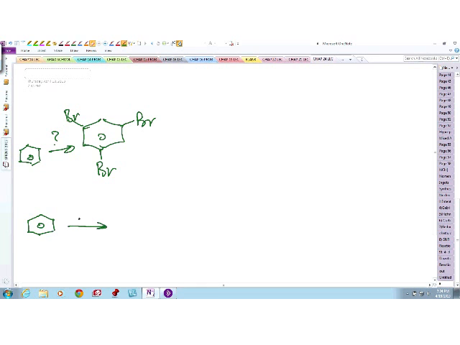How do you make the amino group? You do the nitration first, right? Remember nitration? And that gives you nitrobenzene.